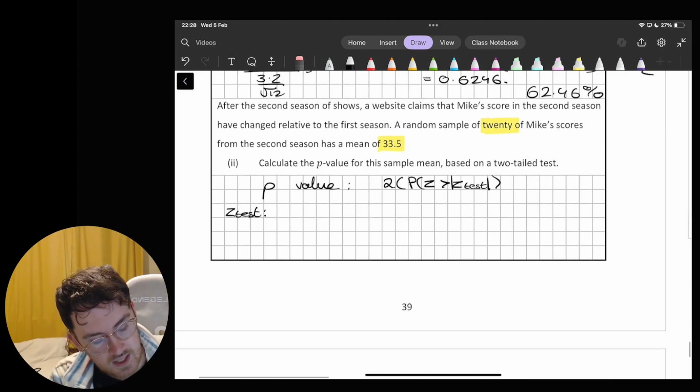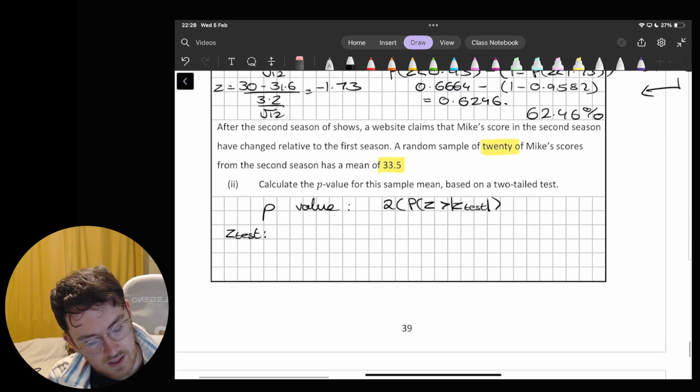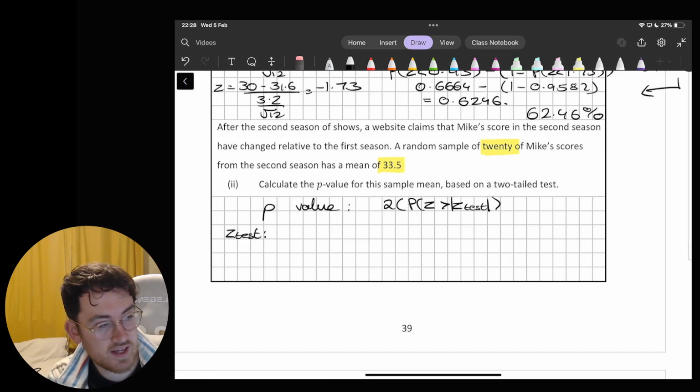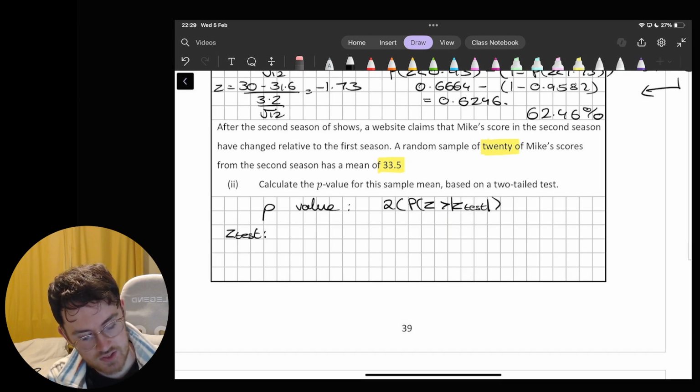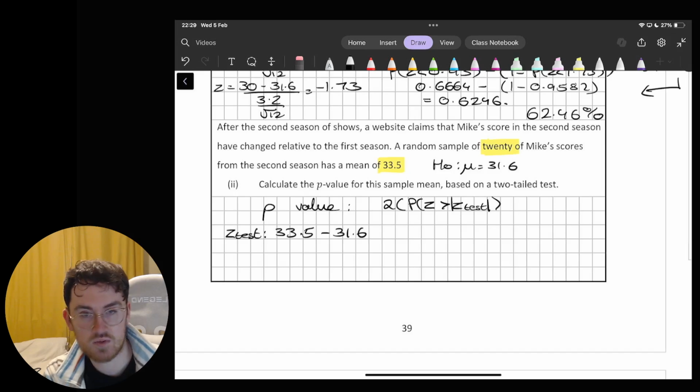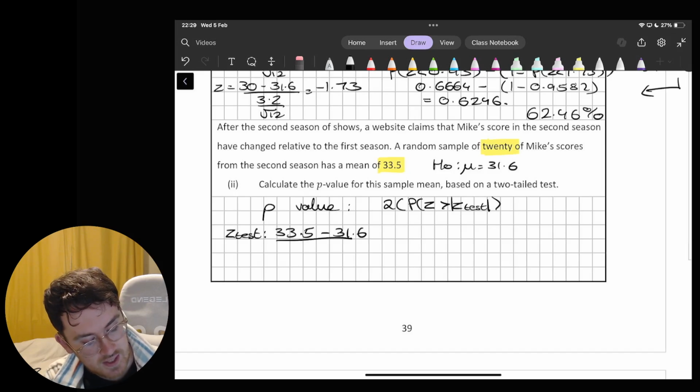So let's work out my test statistic. We're basically testing here whether the mean has changed or not, relative to the first season of shows. So we're taking the sample mean that we've taken, 33.5, and testing whether it's changed. If we wanted to give a null hypothesis here, my null hypothesis would of course be that it hasn't.